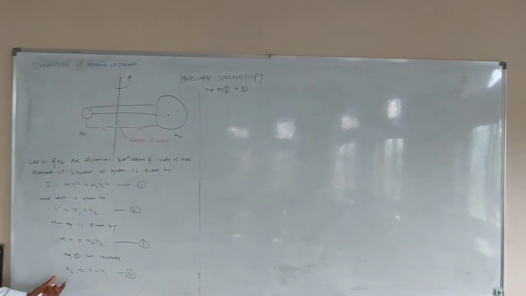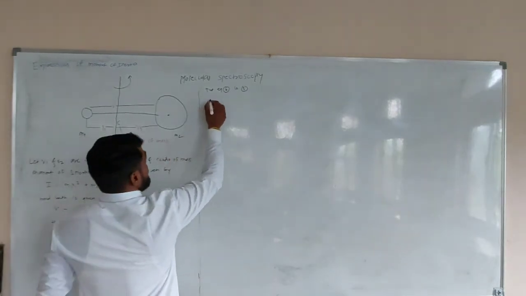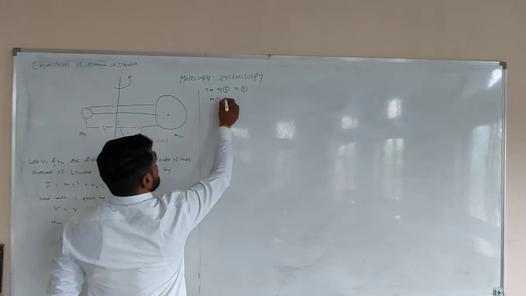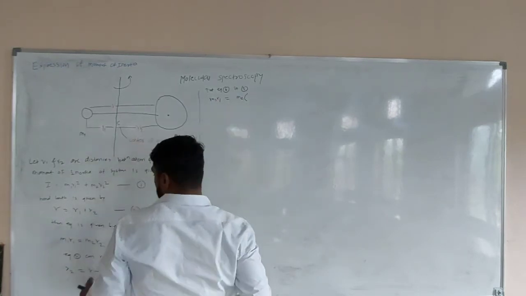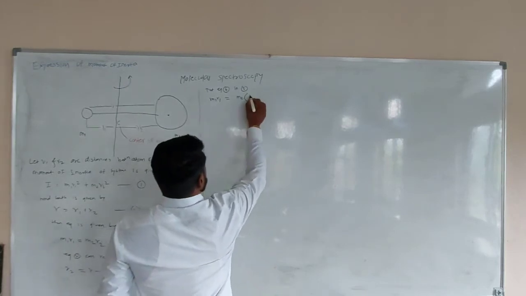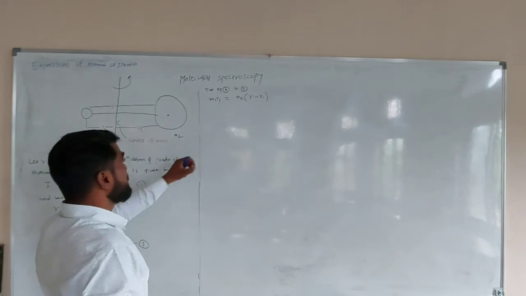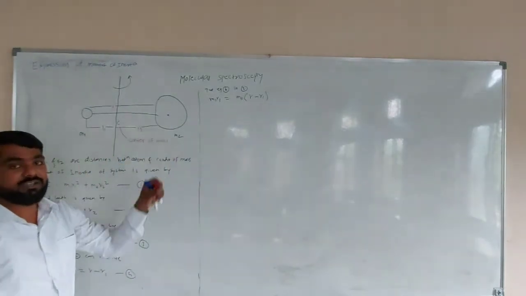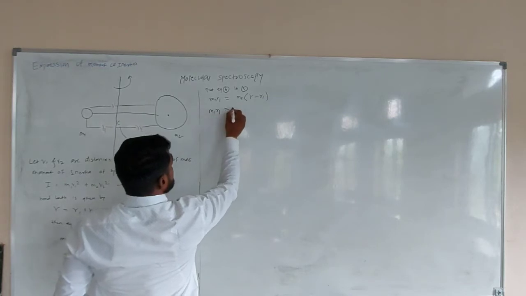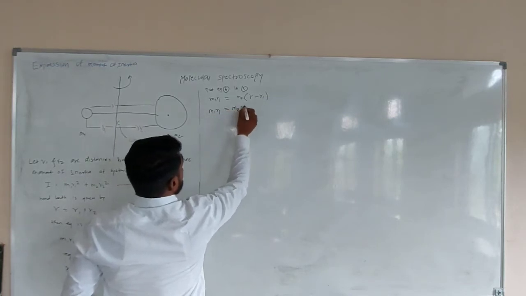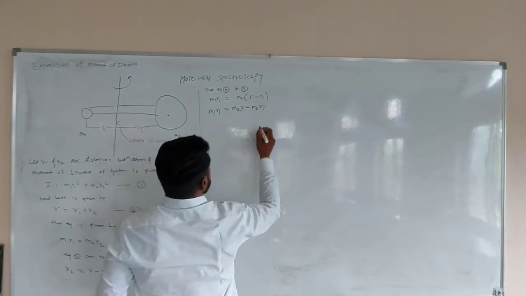That is, put the value of r2 in equation number 3, that is m1 r1 is equal to m2 into (R minus r1). Then multiply m2 inside the bracket, that is m1 r1 is equal to m2 R minus m2 r1.